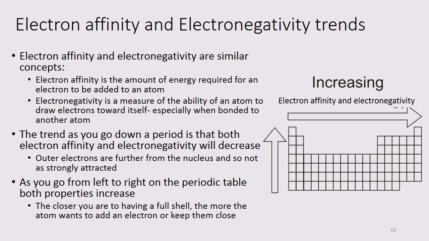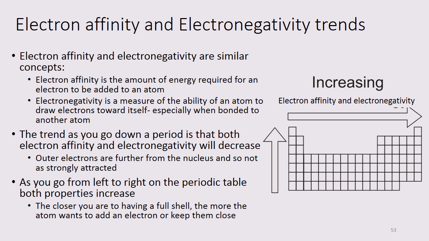And that sort of makes sense from the previous slide where we said that it was increasing ionization energy. So if they really want to hold on to the electrons, that means they're not going to be willing to give them away. And so it's really kind of the same way of looking at it. The electron affinity means how much does it want an electron, and the ionization energy means how much is it willing to give it away.